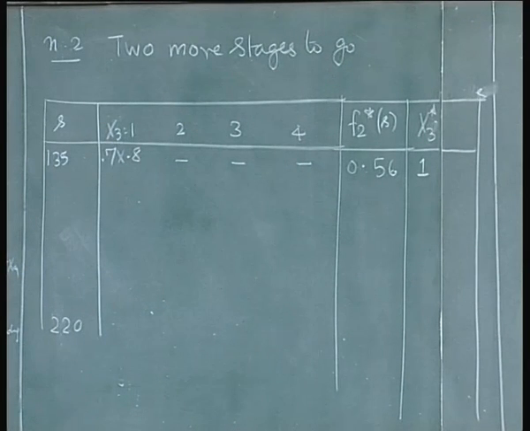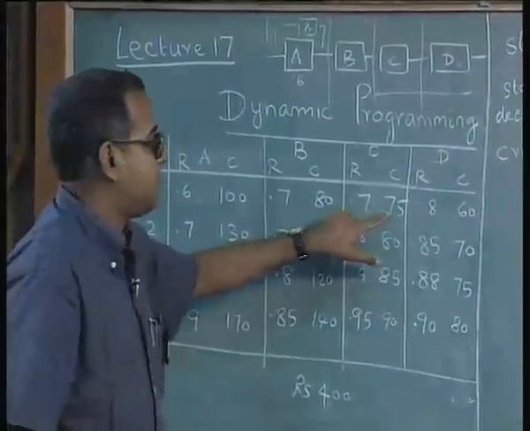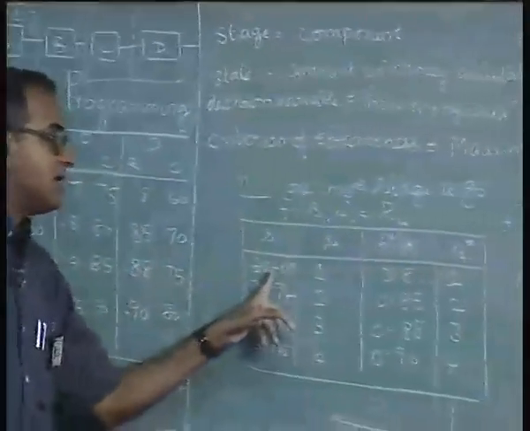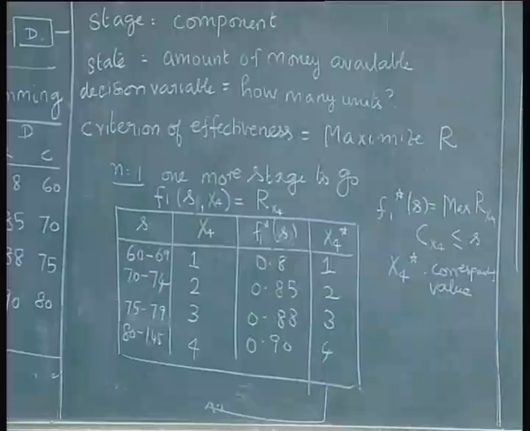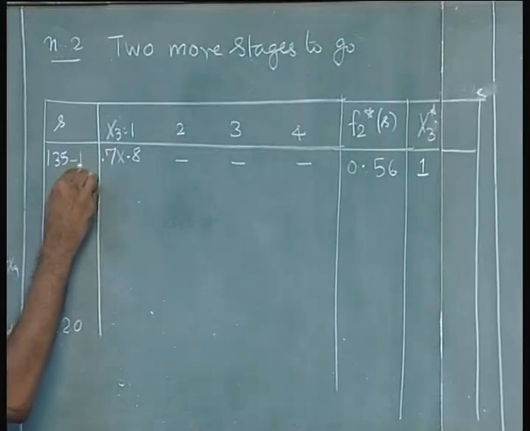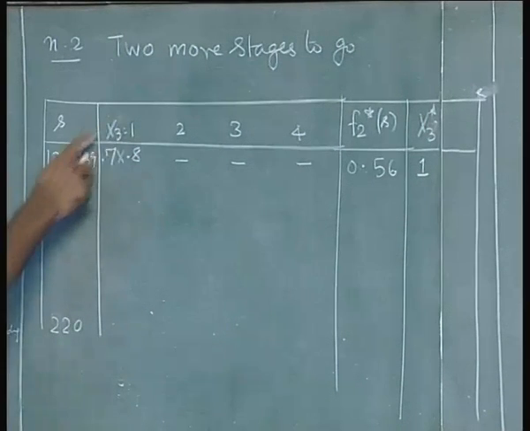For example, I can buy only 1 of C and spend 75, I would have a balance of 61, from which I go to this range and I could have only 1 of this. So this will happen from 135 to 139. I will have only one possibility that exists, I will be able to buy only 1 of C and get this.